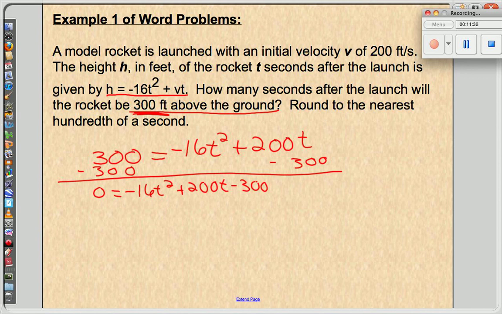So now that looks just like the equations that we were solving in chapter 7. A lot bigger numbers, but that's okay because we have calculators to do the nasty work for us.